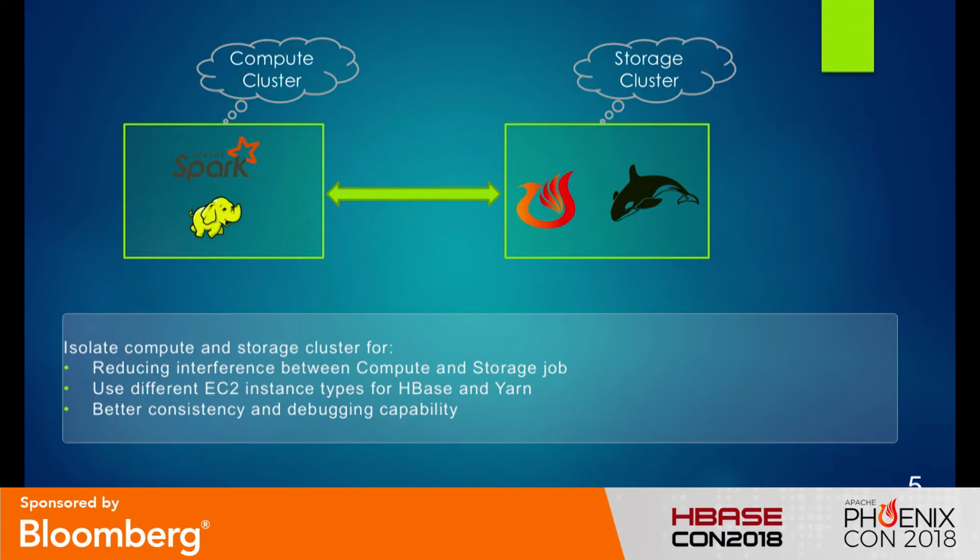HBase is more I/O heavy, meant for really fast reads and writes, while MapReduce and Spark are meant for compute. When we segregated the clusters, we also got the freedom to choose different types of hardware for HBase and MapReduce. My colleague is going to cover more about that at the end of the presentation. Since we segregated the hardware, we also have better consistency and debugging capability to figure out problems in our environments.